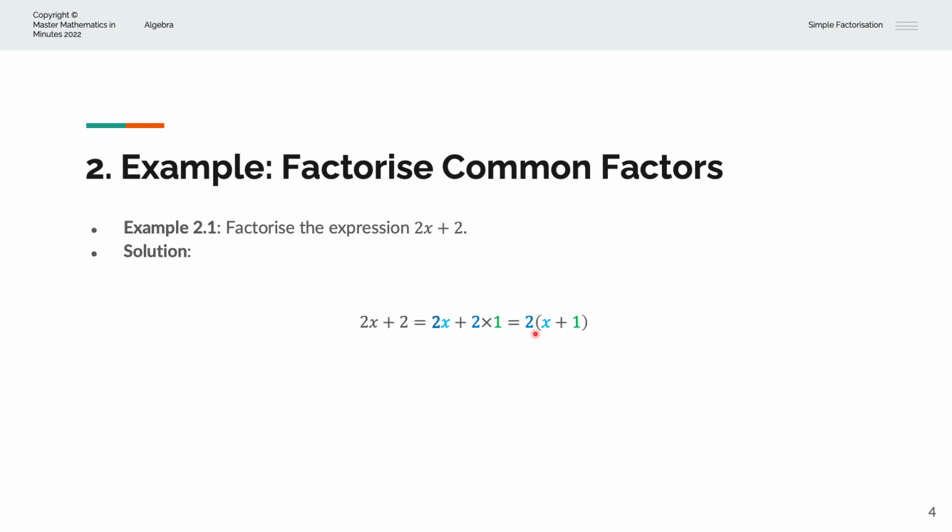To check our answers, we can expand this bracket to see if it matches the left-hand side. 2 multiplied by x is 2x, which matches the first term, and 2 multiplied by 1 matches the second term. So they are equivalent, but we factorize 2 on the right-hand side.